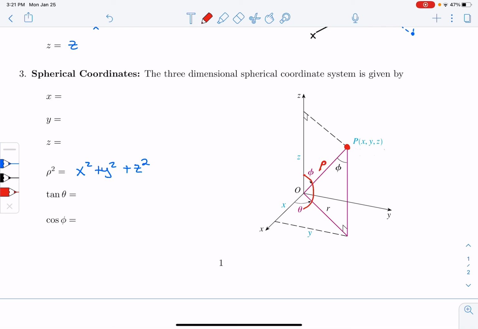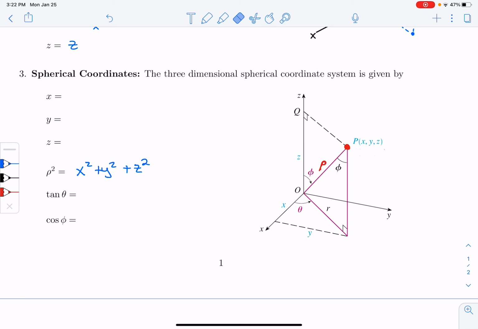So you can imagine that you could line up some sort of line segment here, and then you could rotate that line segment down around, up to 180 degrees, and that's going to be the angle from the z-axis. Okay, so phi is the angle from the z-axis.